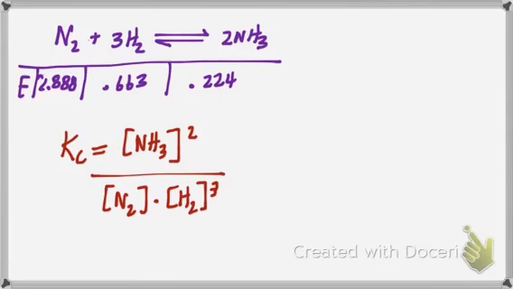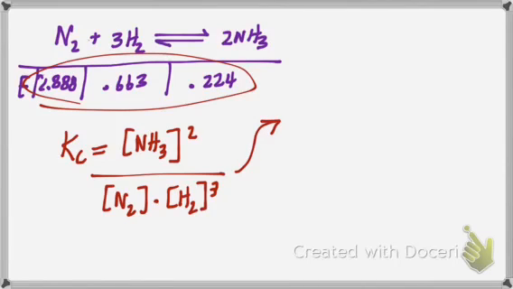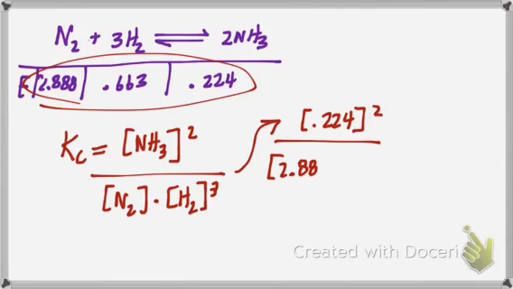Because now you've got these values, which before you didn't, you're going to have 0.224 squared over 2.888 times 0.663 cubed.